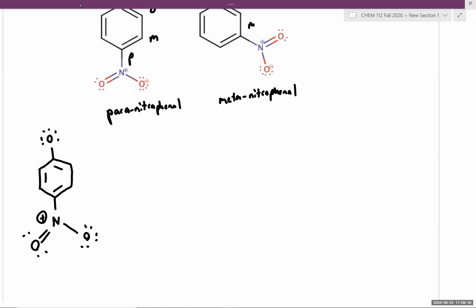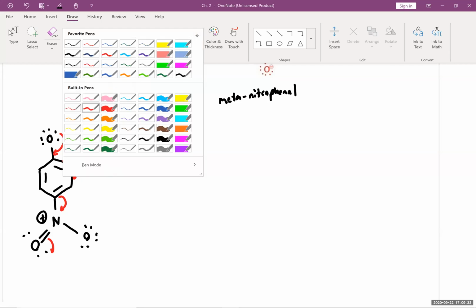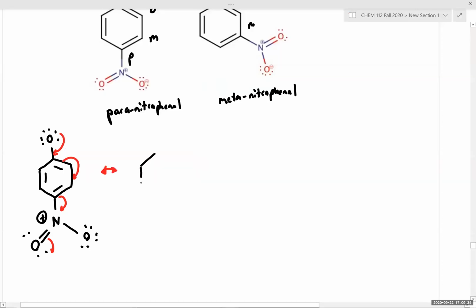As we can see quite clearly, we can delocalize our electron density, not just through our aromatic ring, but into our nitro group. So the anion for the para compound experiences a significant amount of resonance stabilization and delocalization as we are delocalizing our electron density into a very electron deficient set of atoms.